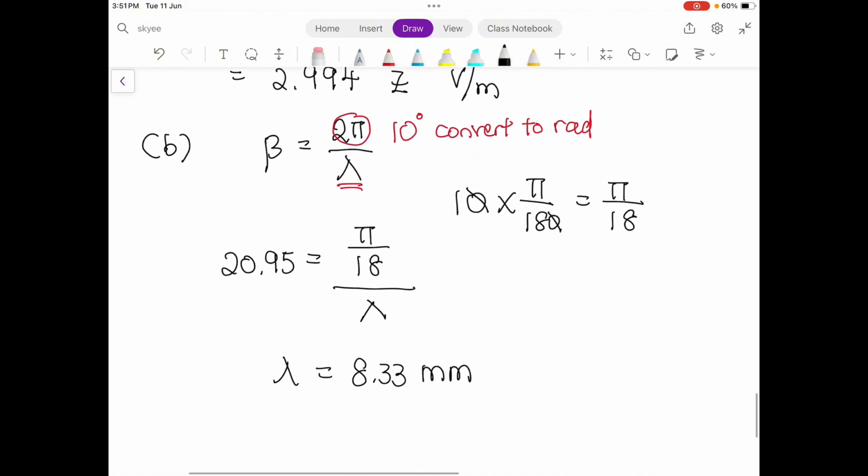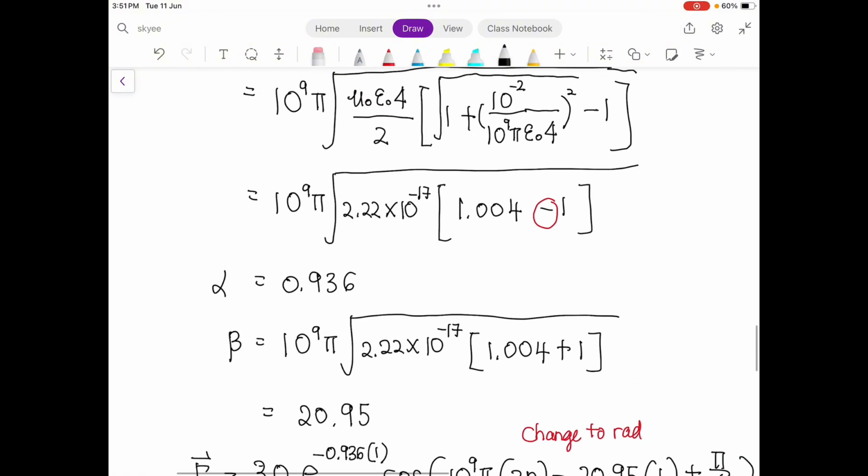Or in other words, after the wave travels 8.33 millimeter, it will have a 10 degree phase shift. This is the meaning.